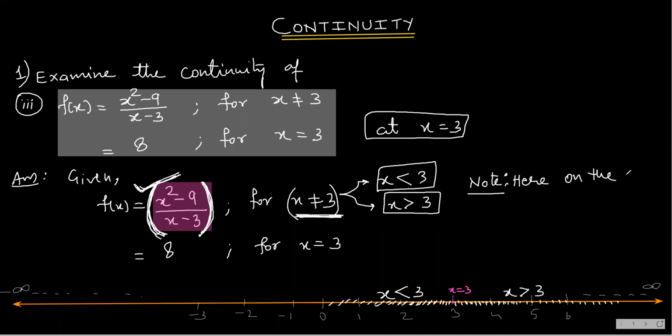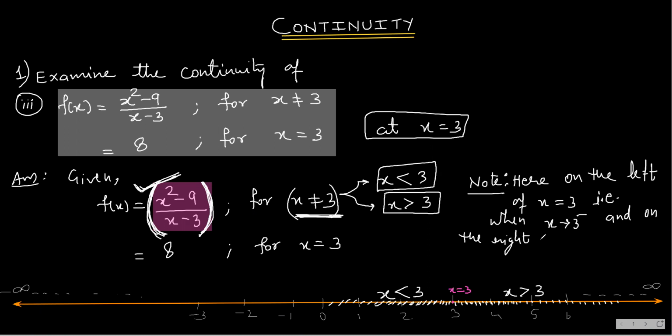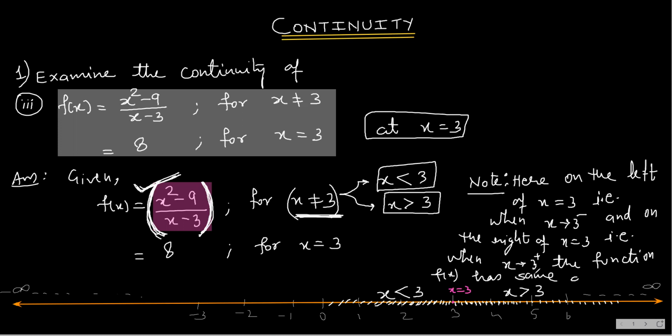On the left of x equals to 3, that is when x tends to 3 from the left, and on the right of x equals to 3, that is when x tends to 3 from the right, the function f of x has the same definition.